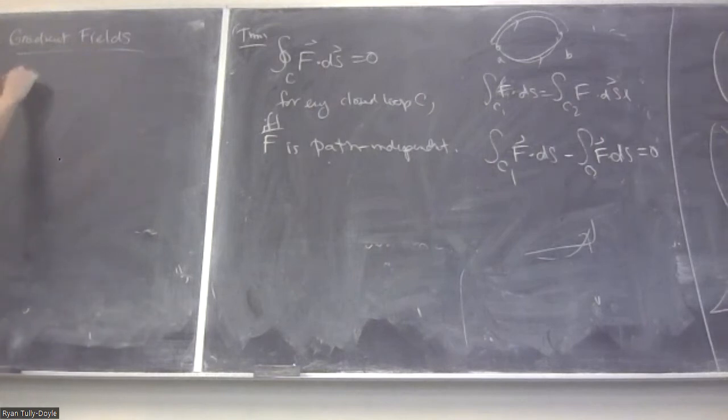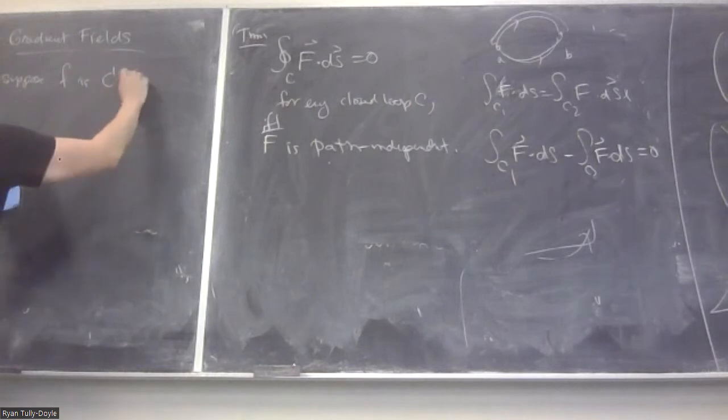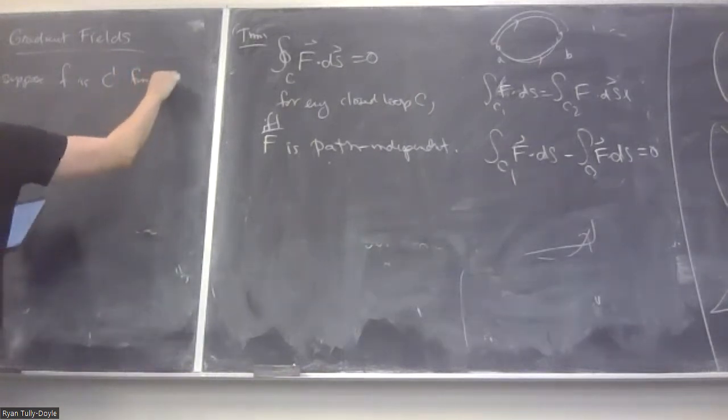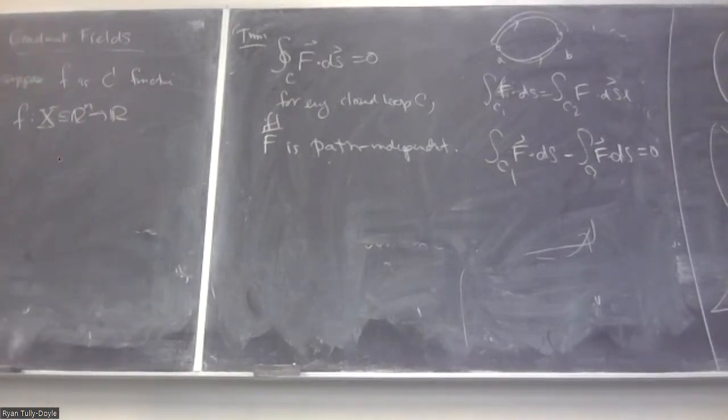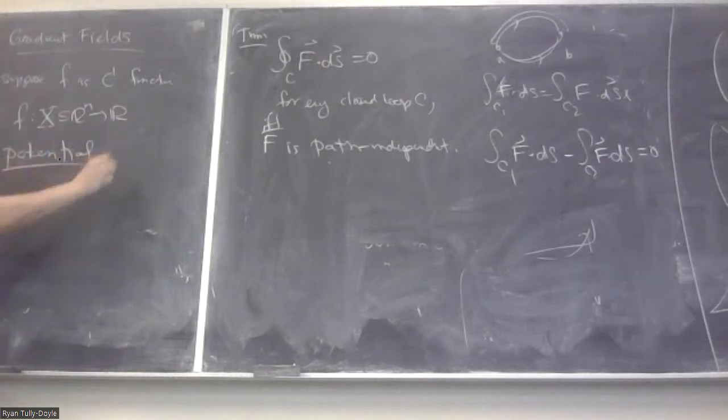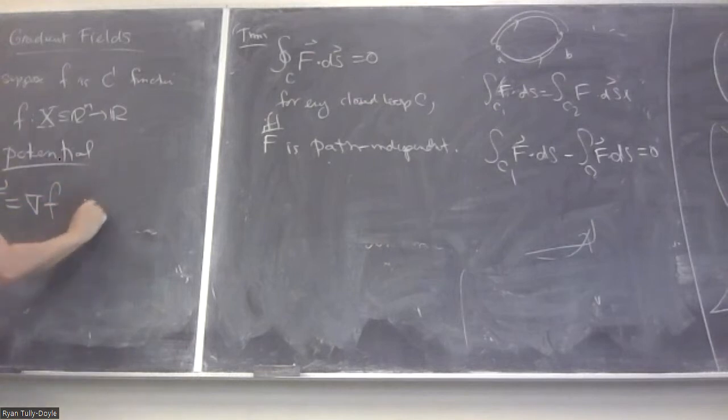Suppose that f is a C1 function from Rn to R, so f is a scalar function. This is called a potential. And the gradient of f is a vector field.